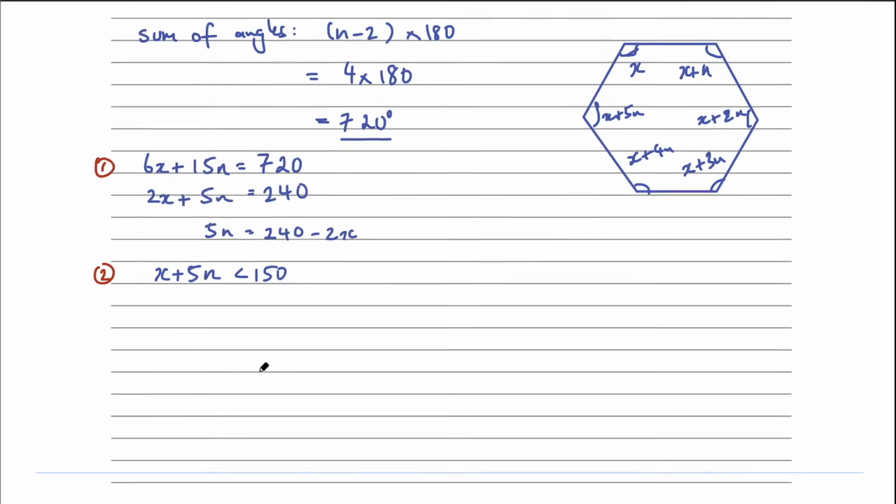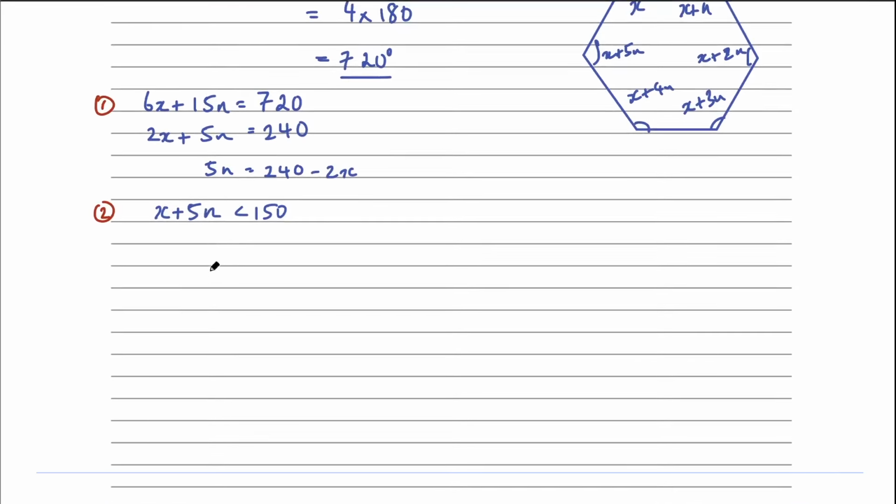Next, let's rearrange this one slightly. We can say that 5n is less than 150 - x. Then let's combine these two ideas and say that, therefore, 240 - 2x is less than 150 - x. Rearranging to solve for x, we get 90 less than x.